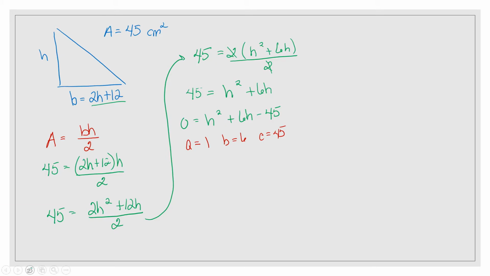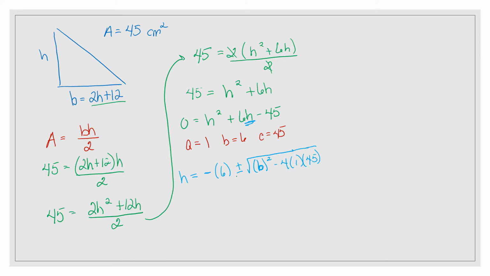And let's plug it into the formula, and now let's see what we get. So I'm solving for h, and that's going to be equal to negative b, which is 6, plus or minus the square root of b, which in this case is 6, squared, minus 4 times a, which is 1, times c, which is 45.